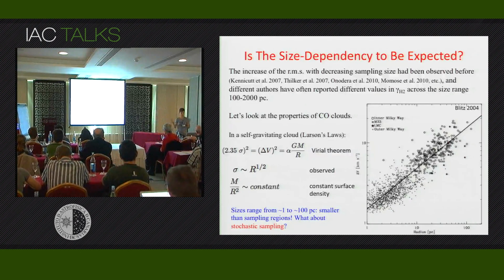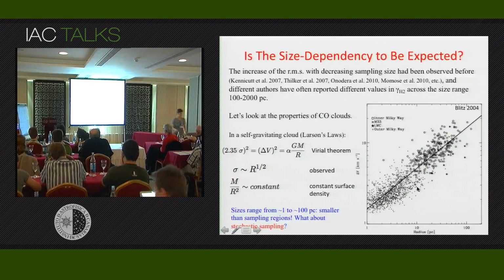Okay, so we assume that the clouds are self-gravitating, they obey the Virial theorem, the mass goes like the size to the square, and the size range goes from about 1 parsec to 100 parsecs. This plot that I'm showing is a plot that I lifted from proceedings by Leo Blitz, and shows the distribution of the velocity dispersion.